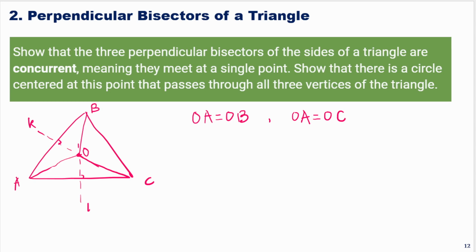So OA equals OB equals OC. Since OB equals OC, we know that O must be on the perpendicular bisector of BC. This is what the property of perpendicular bisector we learned previously tells us, right? So the perpendicular bisectors of the sides of a triangle are concurrent.